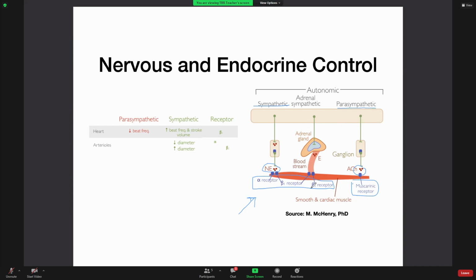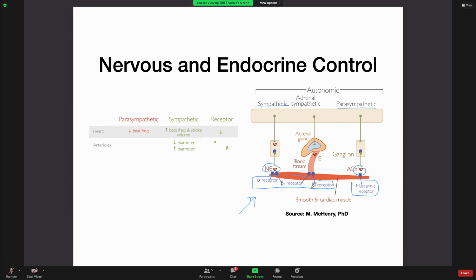If you have an agonist to an adrenergic receptor, that's going to mimic a sympathetic response. If you have an agonist to a parasympathetic receptor, that'll cause the opposite of sympathetic.